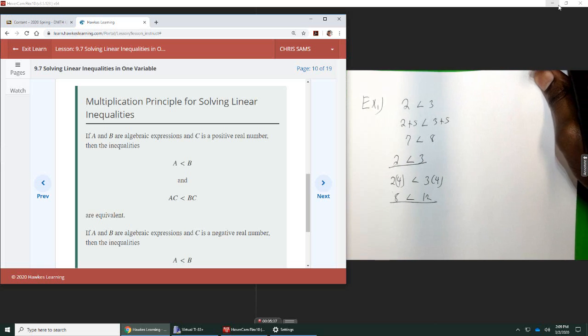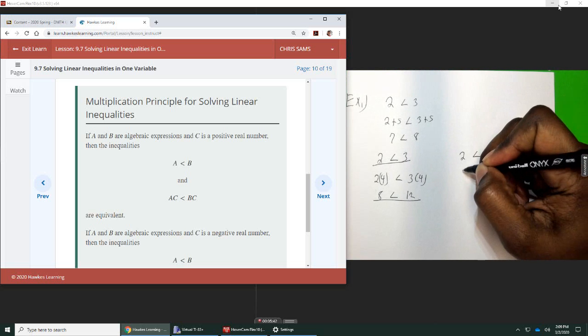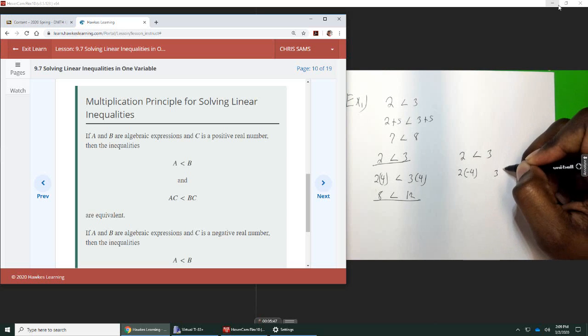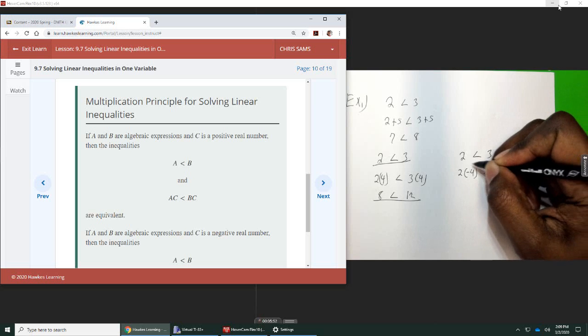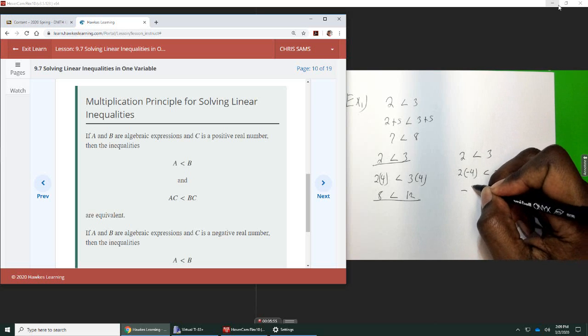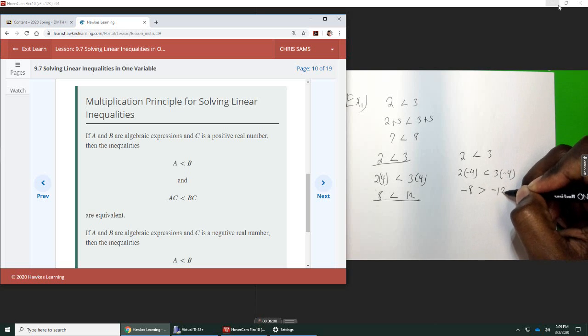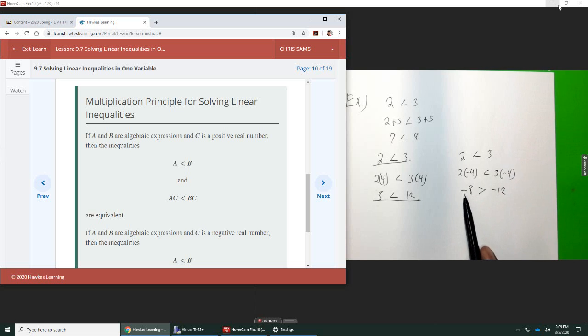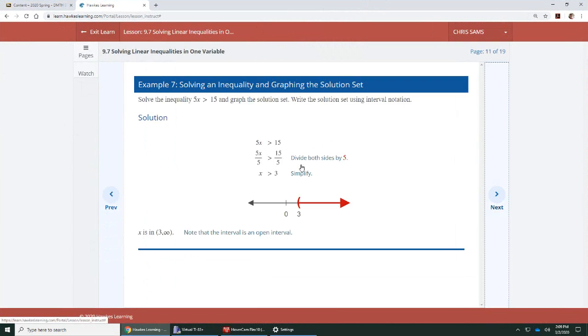Now, if I were to multiply by a negative number, so if I start out with 2 is less than 3, and then I multiply by, let's say, negative 4, whenever we do this math, this becomes negative 8. We also have to flip this guy, and then we have negative 12. So here, negative 8 is actually greater than negative 12, and if you don't flip it, it'll come out incorrect. So be careful with that.